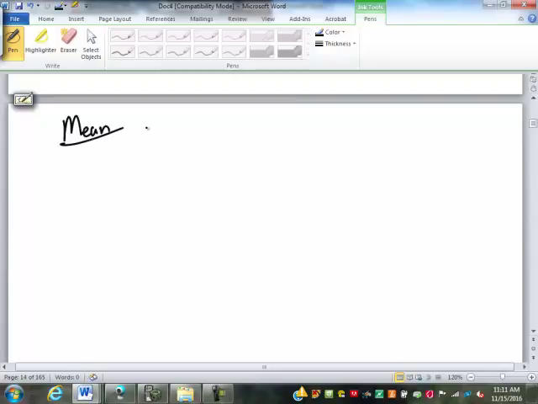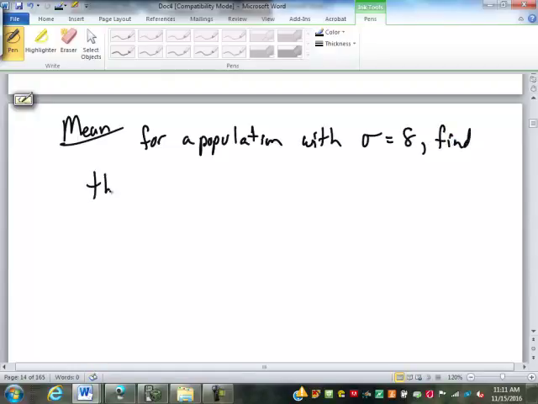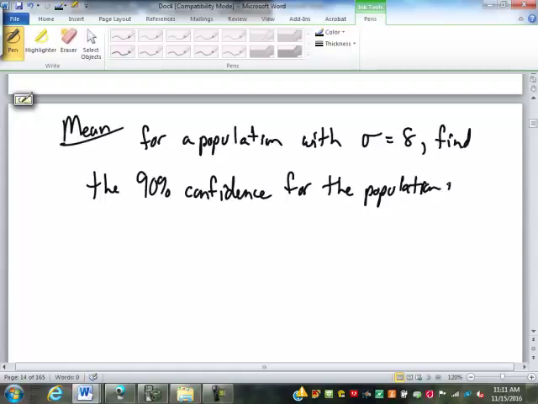So for a population with standard deviation of 8, find the 90% confidence interval for the population mean determined by this sample.